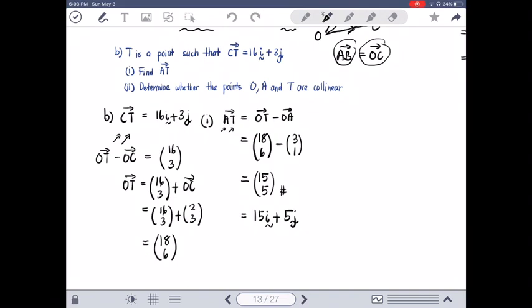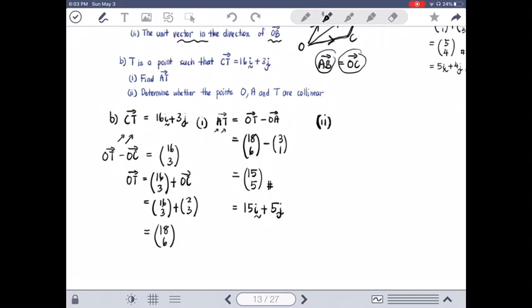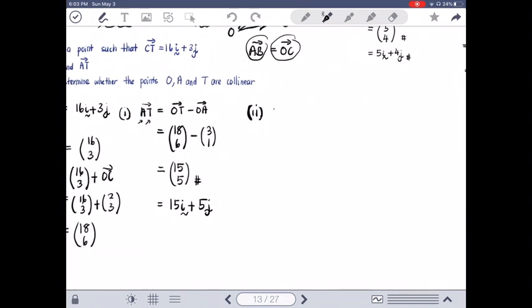We are moving to question B2. Determine if O, A, and T are collinear. Okay.